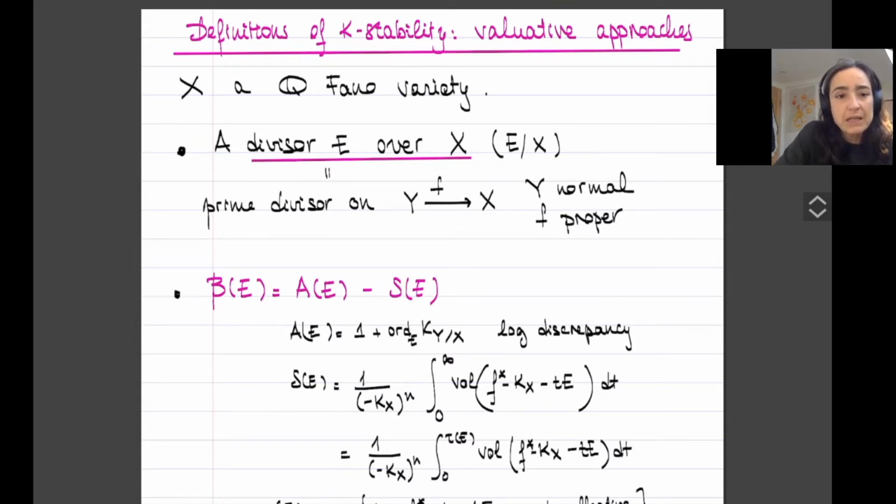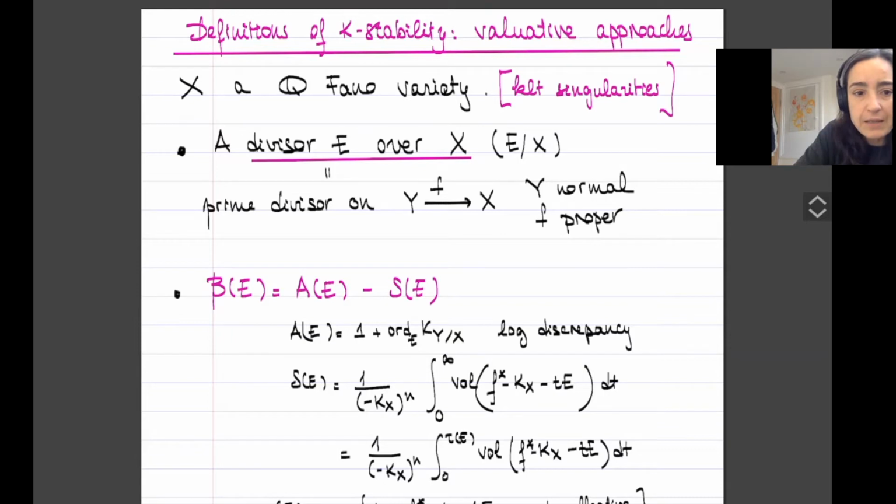So let's look at this notion, which is in a sense easier to use for algebraic geometers. Taking a Q-Fano variety, X here is assumed to have KLT singularities, in particular it's normal.